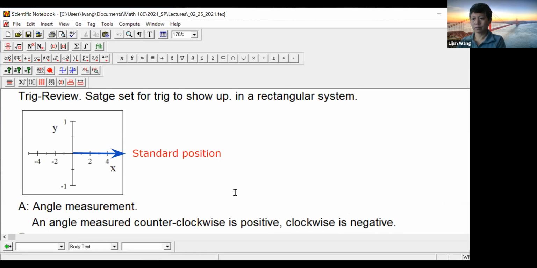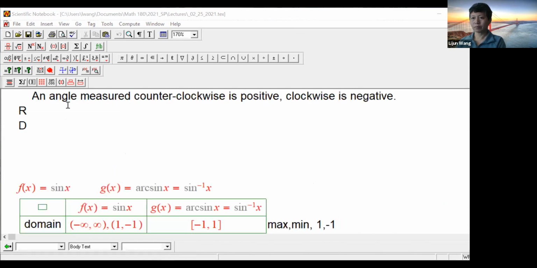Second, you guys know what I'm talking about is the standard position, right? The second one is the reference angle.